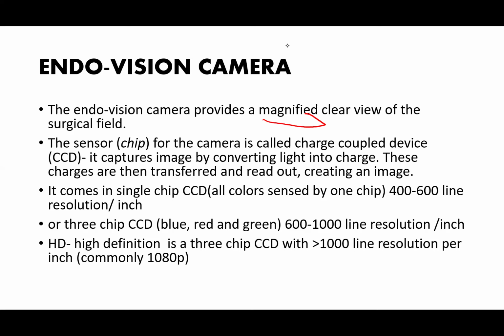So when you see a camera with a resolution that is greater than 1000 pixels, you know it is an HD camera. And it is the HD camera that is recommended for laparoscopic procedures because you have a clear view of what you are manipulating. Those with lesser resolution have a poor view.